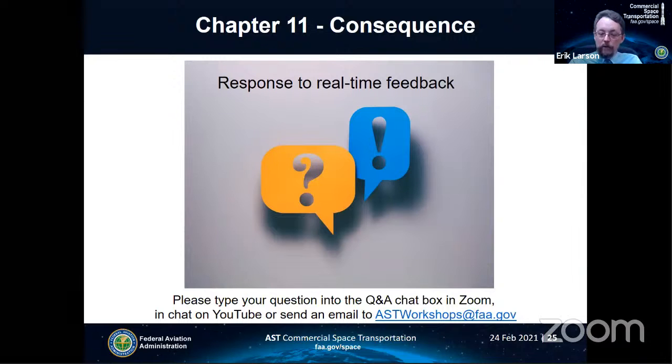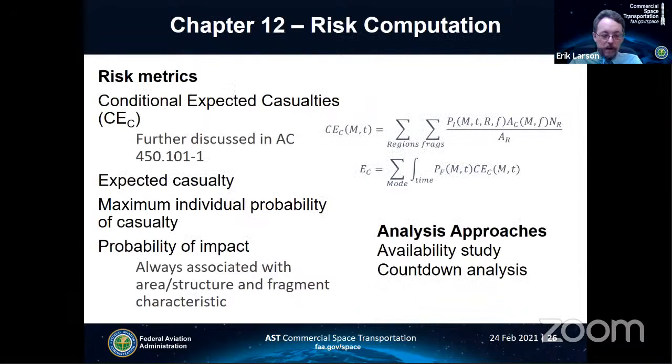So let's move on to chapter 12, which is discussing the consequences of risk. Of course, this is where first we need to define more mathematically what the actual risk metrics are. So it defines CEC, and that's actually further discussed in the high consequence AC as well.